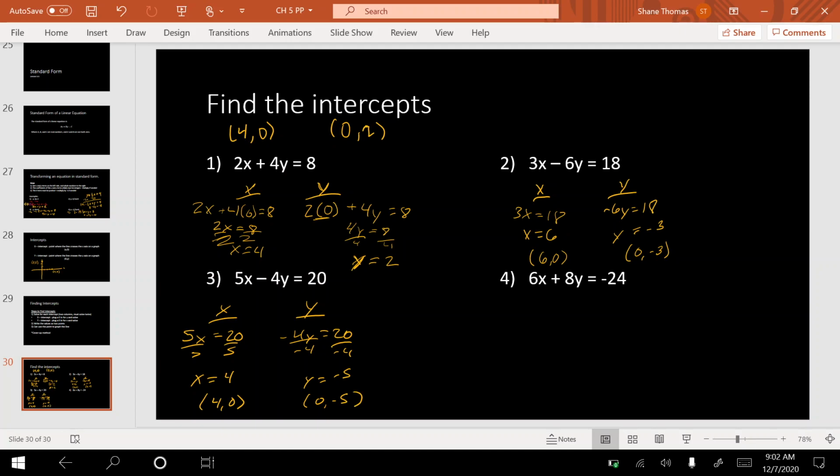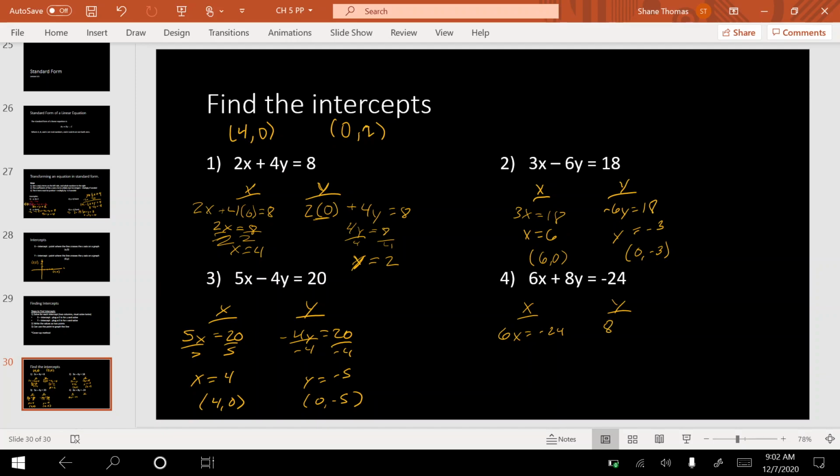All right, and then you can do it either way. If you plug in the 0, that's perfectly fine. If you want to do the cover-up method, that's fine. You're going to get the same answer both ways. All right, then the last one, number 4, we have our x and y columns. X is going to be 6x equals negative 24.